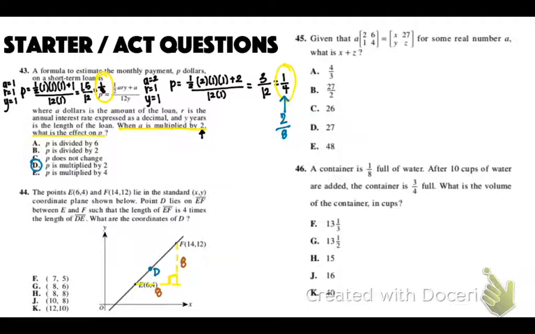So we'd have 8 squared plus 8 squared equals c squared. I'm just going to use my calculator for this. So you get 128 equals c squared. So c equals the square root of that, which would be 11.3.